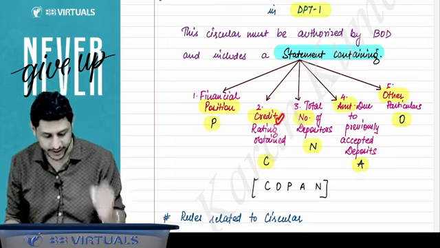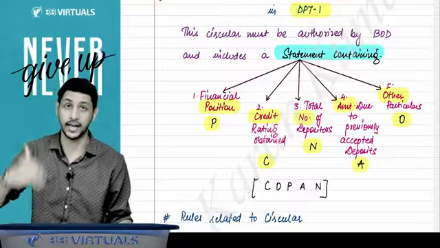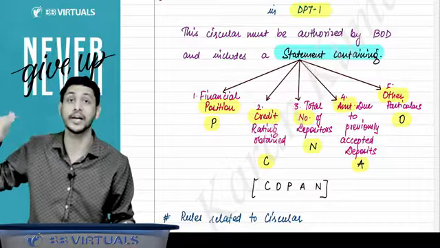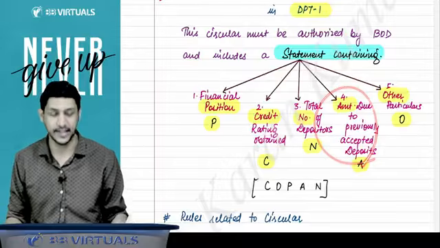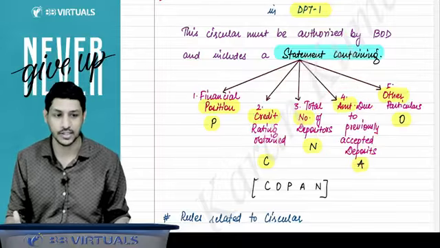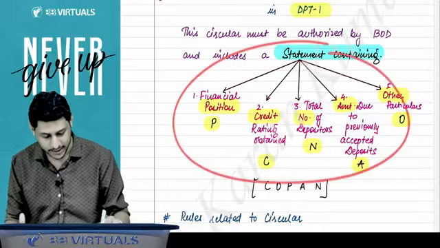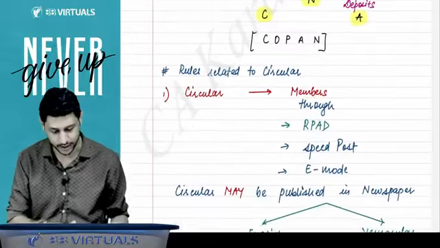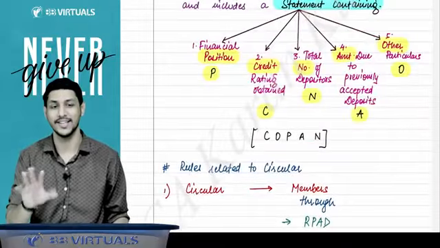So whatever the credit rating you have obtained, you have to mention it. Total number of depositors. If you have already accepted the deposits, then how many depositors are there? Existing depositors. What is the amount of previously accepted deposit, that is outstanding deposits? You have to tell that, and other particulars you also have to tell. So all these things you have to state in the circular. And I have given a mnemonic, that is COUPON, you have to disclose in the circular.